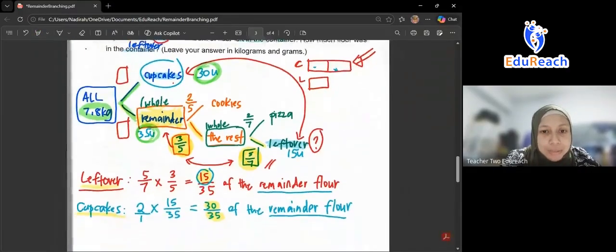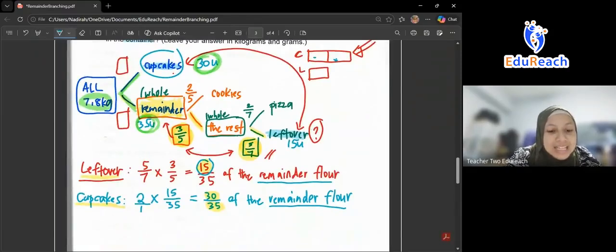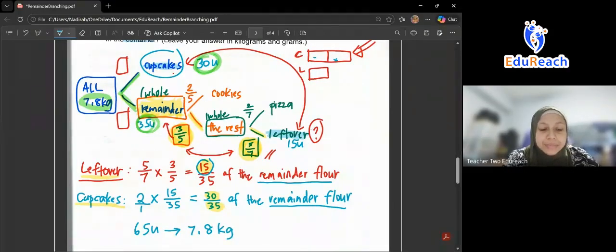Oh my gosh, what a big number. 65 units is all the flour, 7.8 kilogram. How I get 65 again is the 30 units for cupcakes plus the remainder which is 35 units. That's how I get 65, okay?